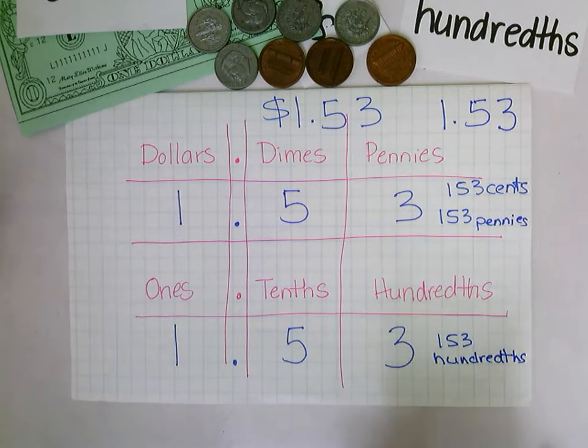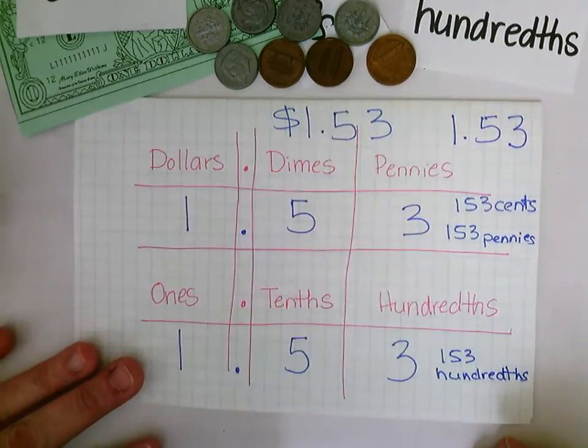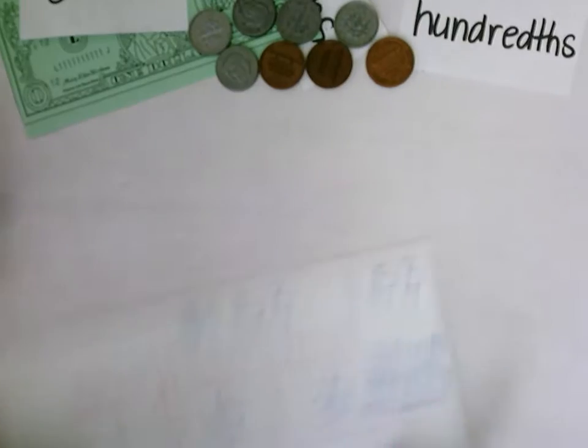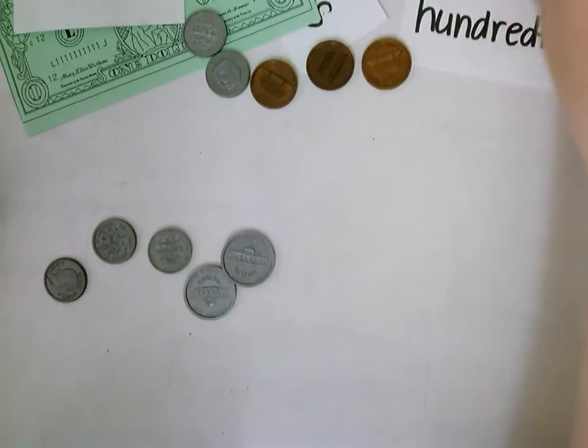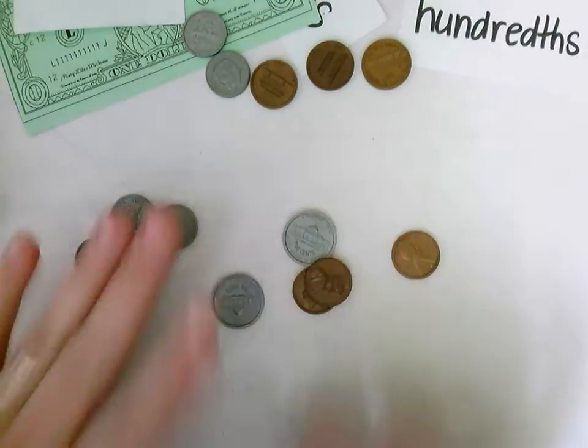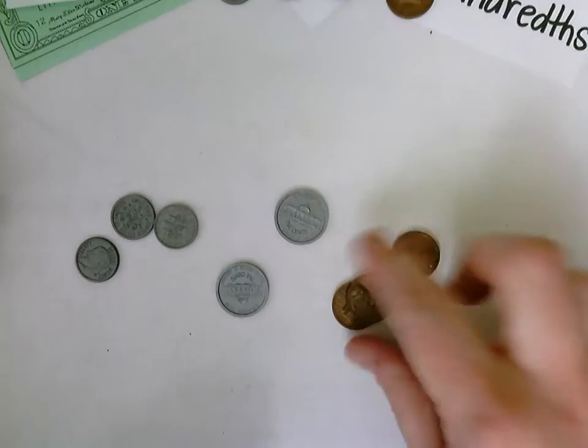Okay, let's practice showing some decimal amounts of money in a decimal model. So let's get some money here. All right. So here I have 3 dimes, 2 nickels, and 3 pennies.